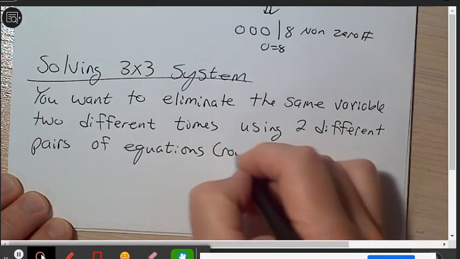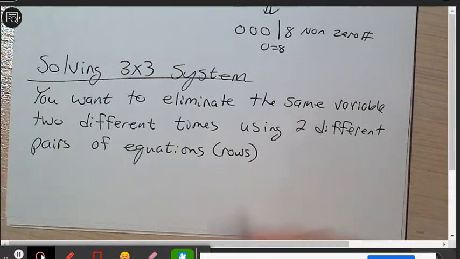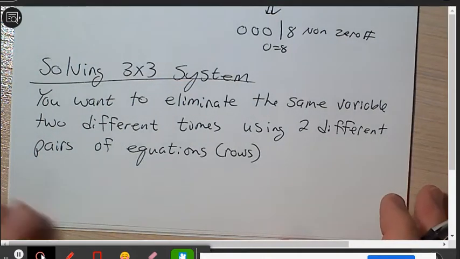Or in this case, they're calling them rows more than they call it equations on these. I like to call them equations because it's equation 1, equation 2, equation 3. Whether you call it equations or rows, it's still basically the same thing here.